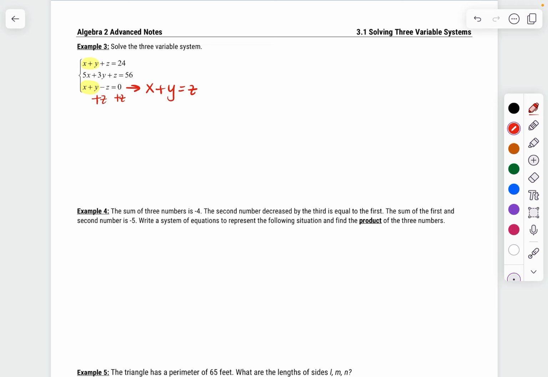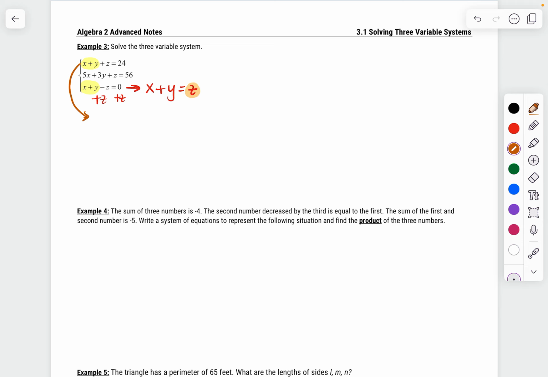So where it gets to be a little confusing is because it's going to look the same. I'm going to take this first equation, and I can see very clearly there's an x plus y in there. So instead of having that x plus y there, I'm going to substitute it with this single positive z.